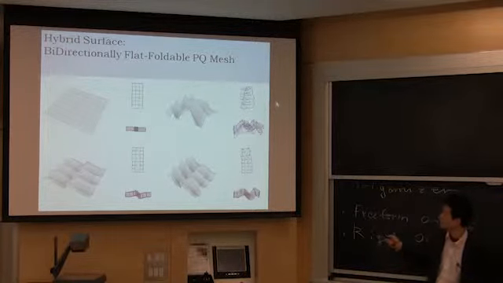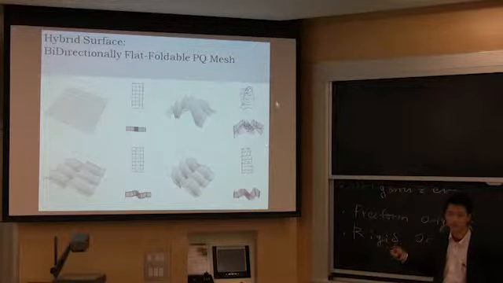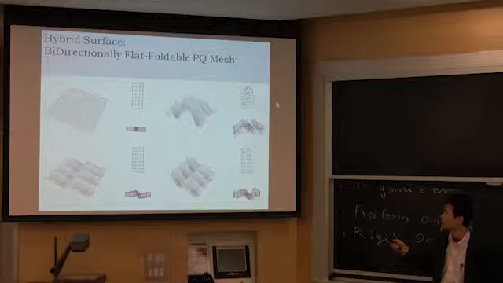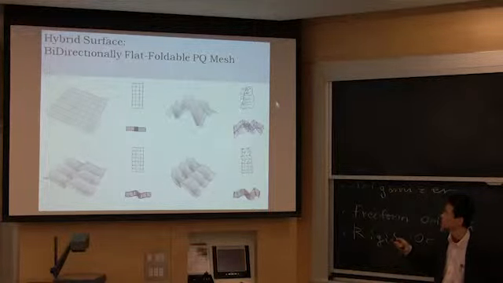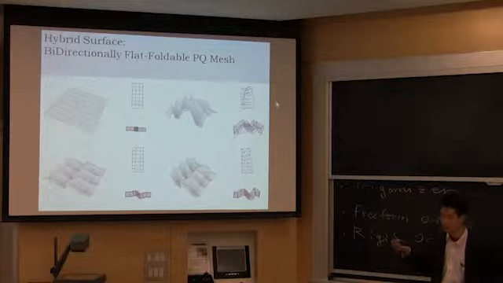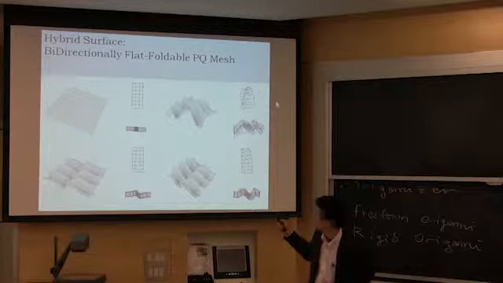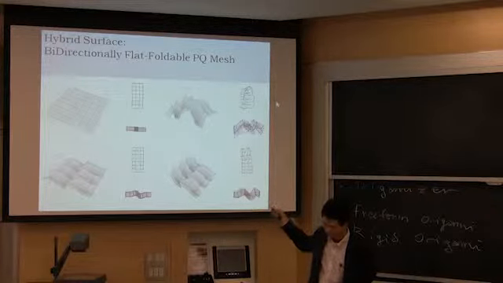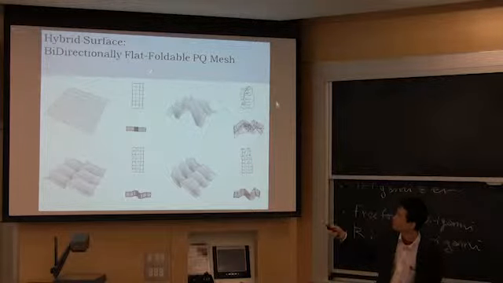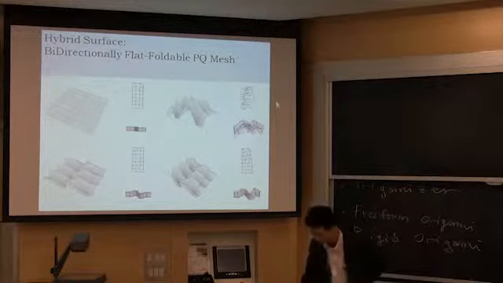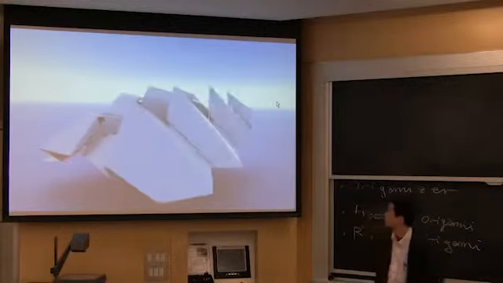And an interesting point is that you can define developed and flat folded state, or actually in this case, 2 flat folded states, because in this case, it's not totally open. It's not totally developed, but complementary fold lines are folded. So anyway, that's why I call it bidirectionally flat foldable planar quadrilateral mesh. And that can be rigidly foldable. So this is an example.